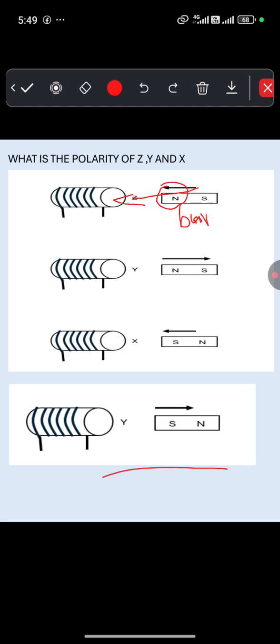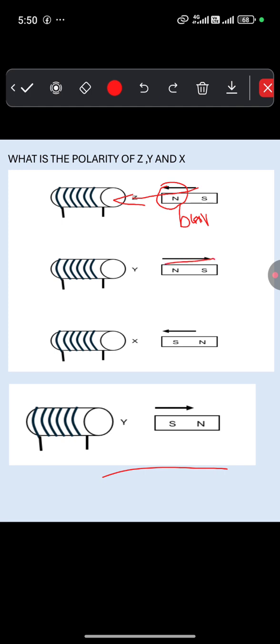Remember, when you push in the magnet, there will be a change in magnetic flux, and this change in magnetic flux will induce current, and that current that is induced opposes the change in magnetic flux that has induced it.